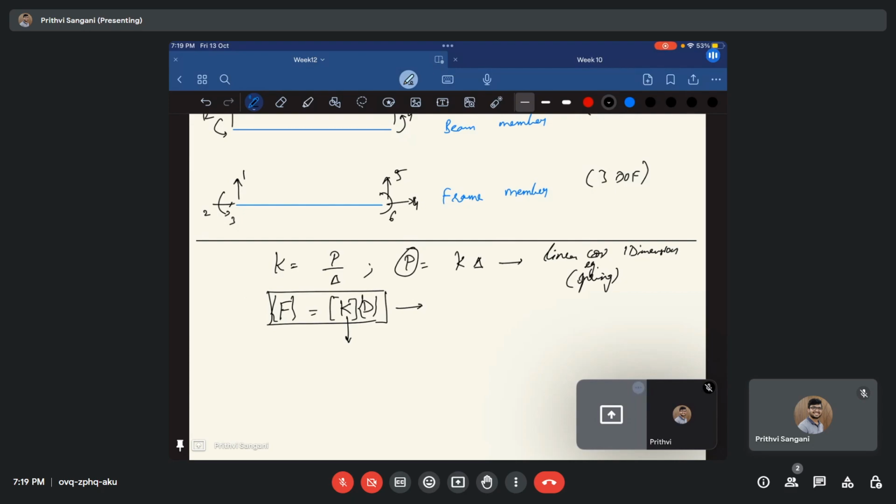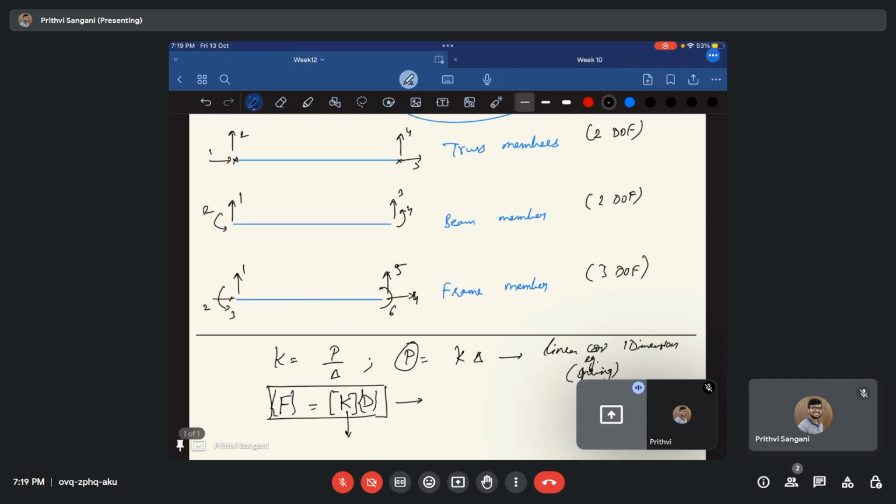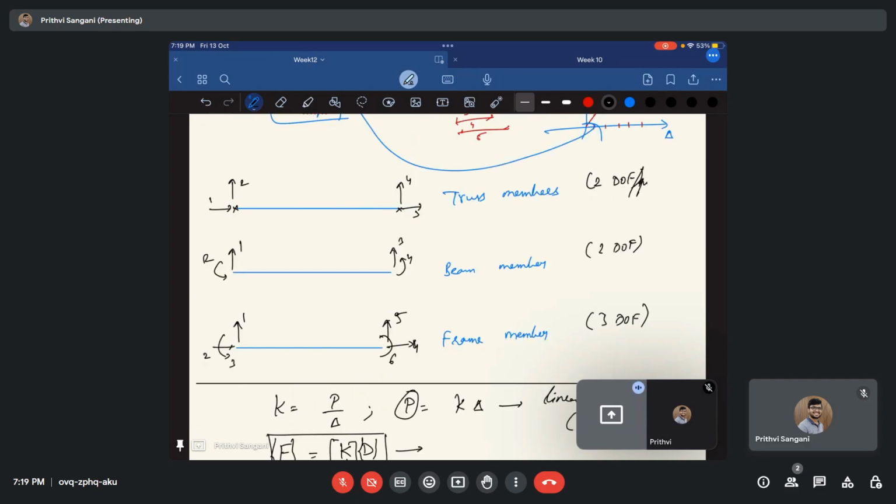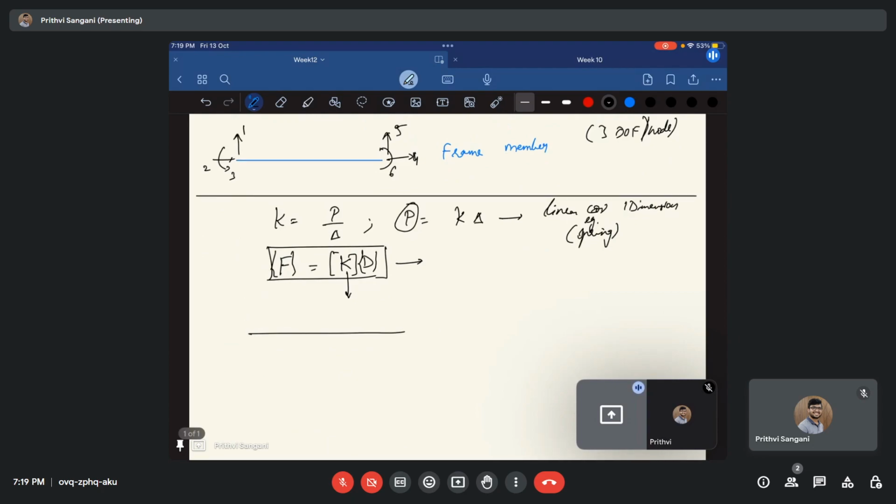What I mean by matrix is, let us say I'll take a beam. Okay. So this is a beam. How many degrees of freedom does a beam member have? The beam member has 2 degrees of freedom per node, so the beam member has 4 degrees of freedom. One is shear, or the vertical, and the other is rotation.